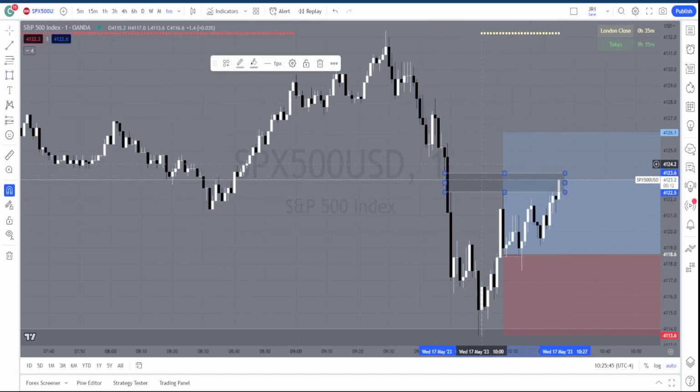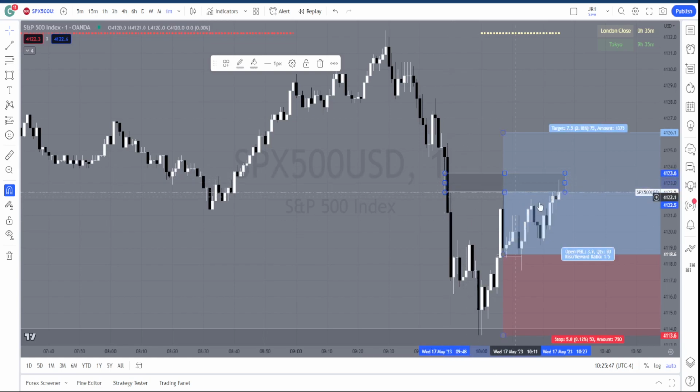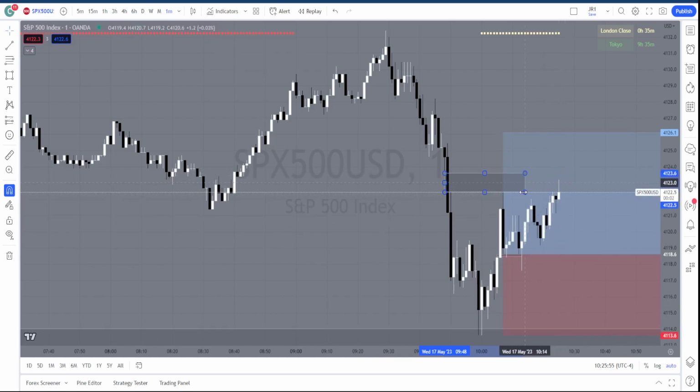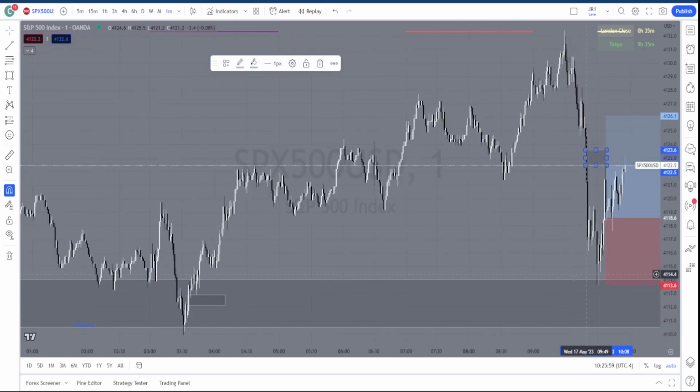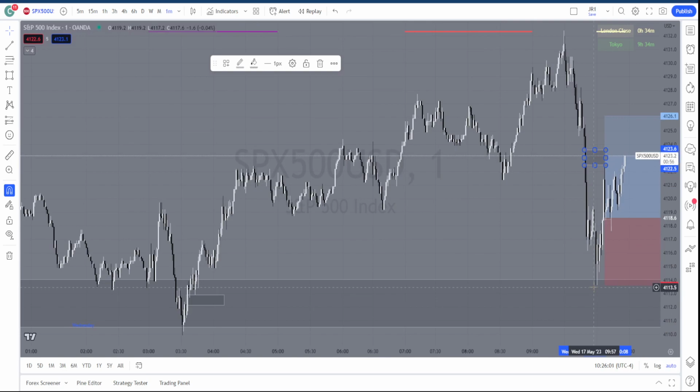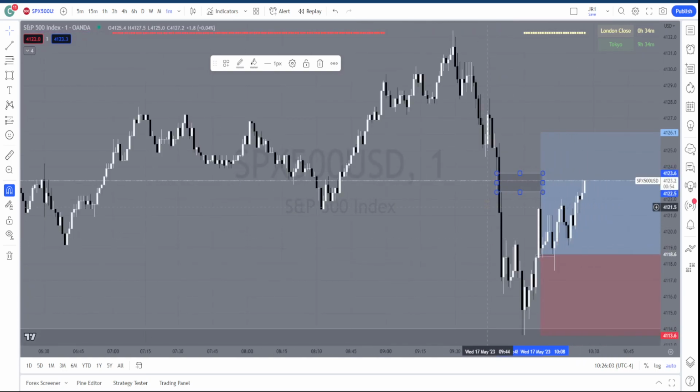You know why? Because this imbalance here was not created for price to come back into it and go down. It was created for price to fill this imbalance, because this imbalance here was the reason why we shot down into this area, right? And if price is to go up, who has to move the market down first?